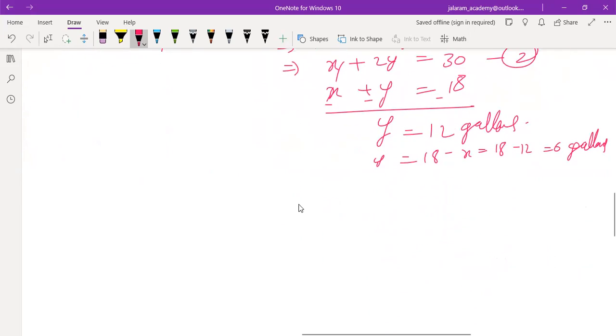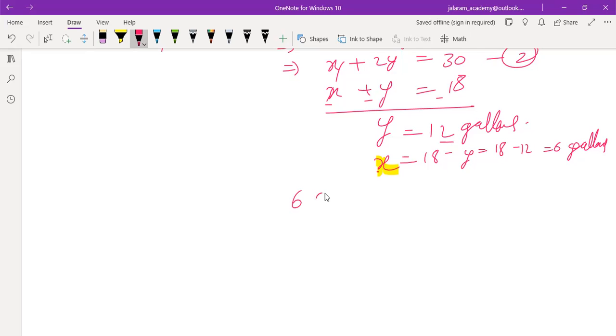Clearly, 6 gallons of the first type. This is x actually, not y. Y is 12 gallons. So x equals 18 minus y, and y we have already calculated as 12. So it is 6 gallons.